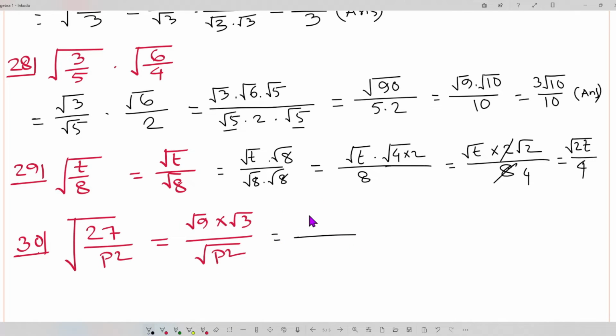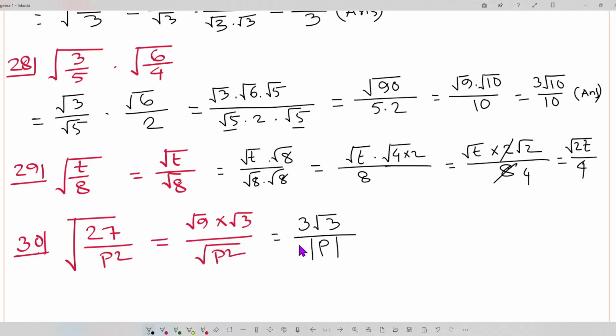So root 9 means 3 and here is root 3. Again, this p squared will be p. Some people can also write the absolute value of p. Okay, so this is our answer.